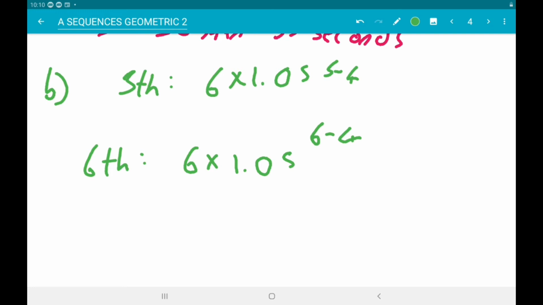So if we skip a few, and then the rth kilometre is indeed 6 times 1.05 to the r minus 4.